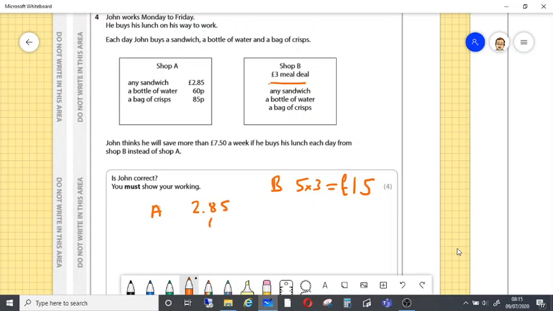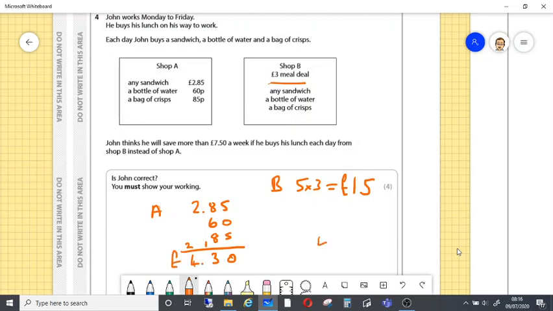We've got some water at 60p and some crisps at 85. So if I add those up, 5 and 5 is 10. Carry the 1. 1 and the 8 makes 9. And 6 makes 15 and 8 makes 23. Carry the 2. The 2 and the 2 makes £4.30 a day.